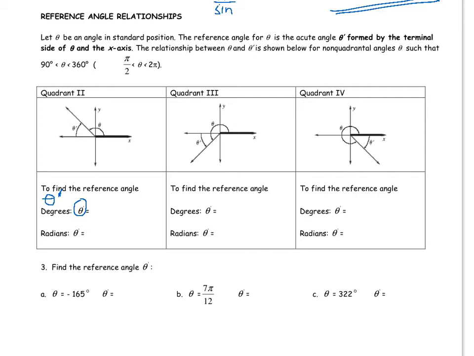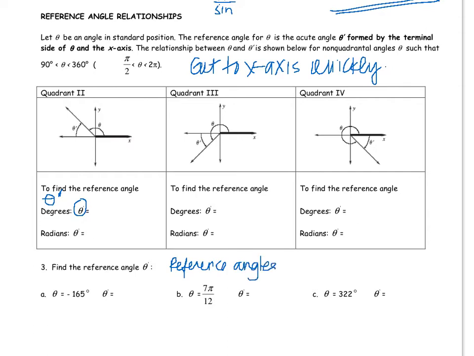A reference angle has the same terminal side, and the goal is to get to the x-axis the quickest. That means some of the time you will go backwards, some of the time forward. One thing to keep in mind though, reference angles are always positive.